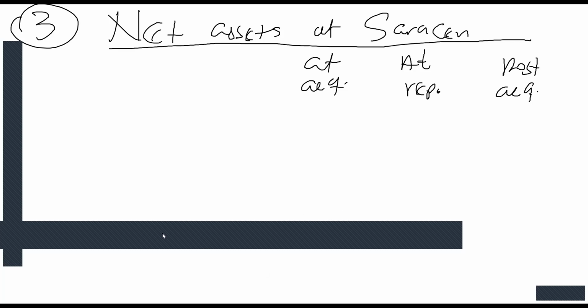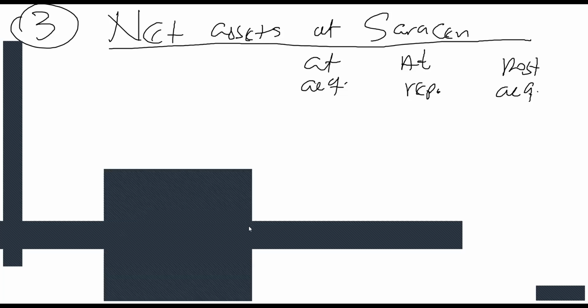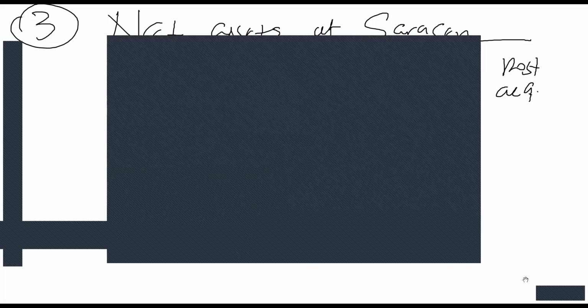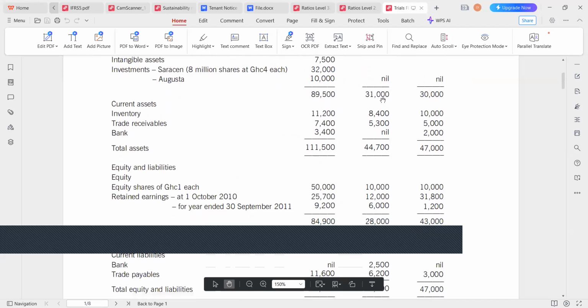Go and report on all the equity items of the subsidiary. So come here. What are the equity items of a subsidiary? So 10,000, 12,000, 6,000.